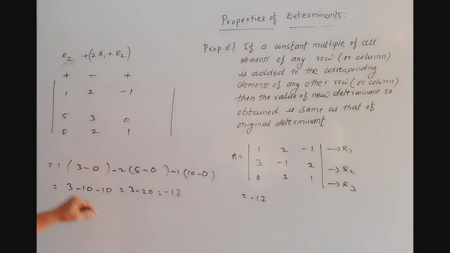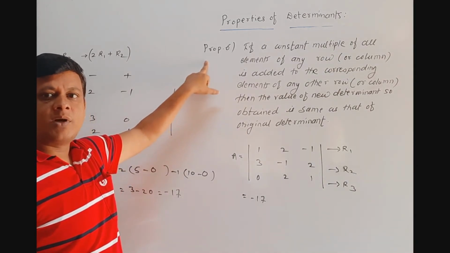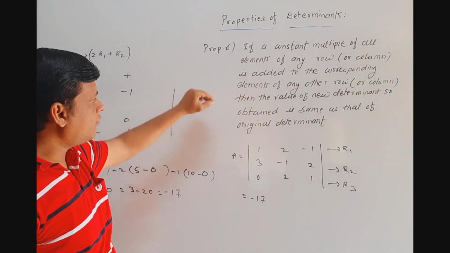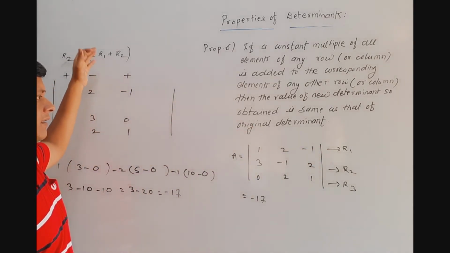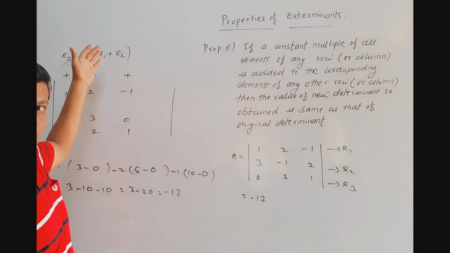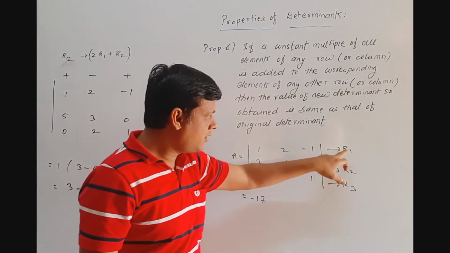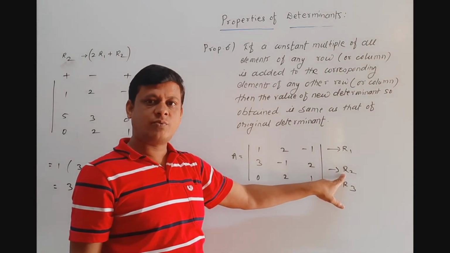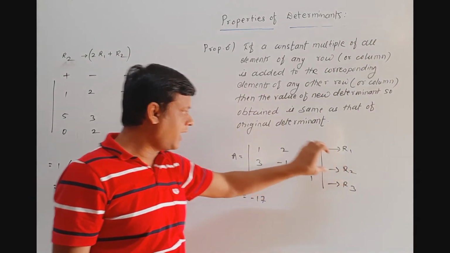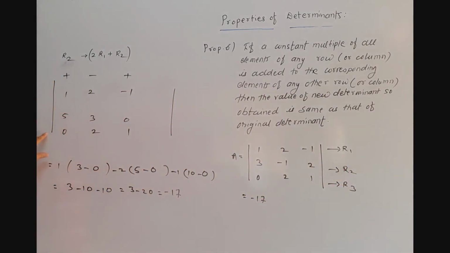That means this property is verified. That means here we multiply this first row by 2, and after multiplying by that constant to each element of first row, add that value to the corresponding elements of second row, and we write this determinant and expand this determinant, and its value we get minus 17.